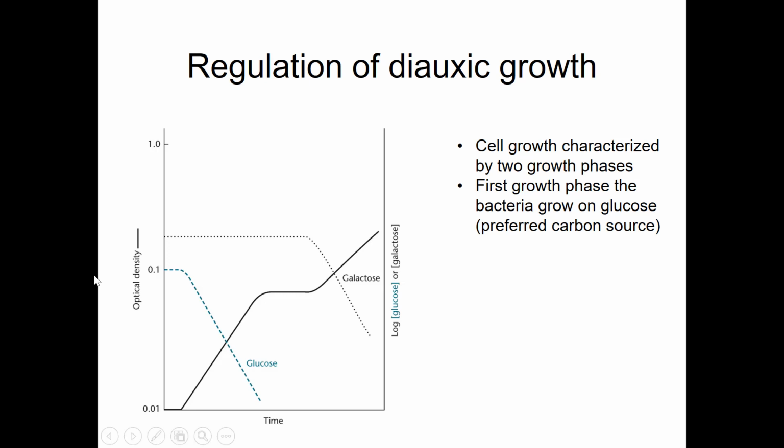The cells are going to enter a stationary phase here, then a second lag phase as they prepare to grow now on galactose because they have exhausted or used up all of their glucose. The second growth phase is then characterized by bacterial growth on galactose. So you can see as they enter this second exponential phase that the galactose is now being depleted from the media.